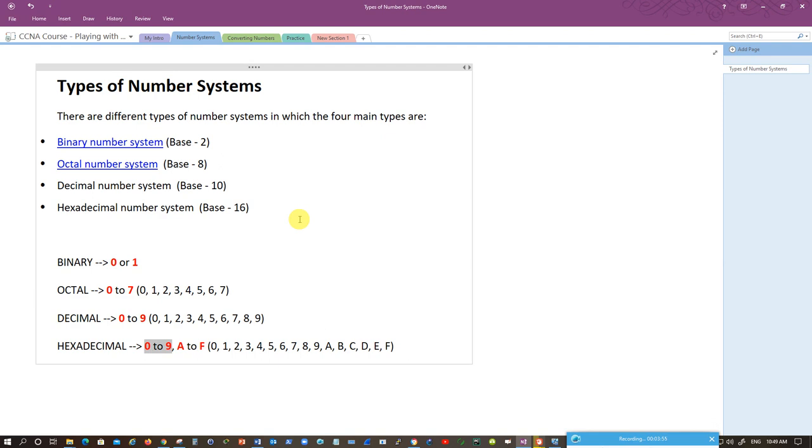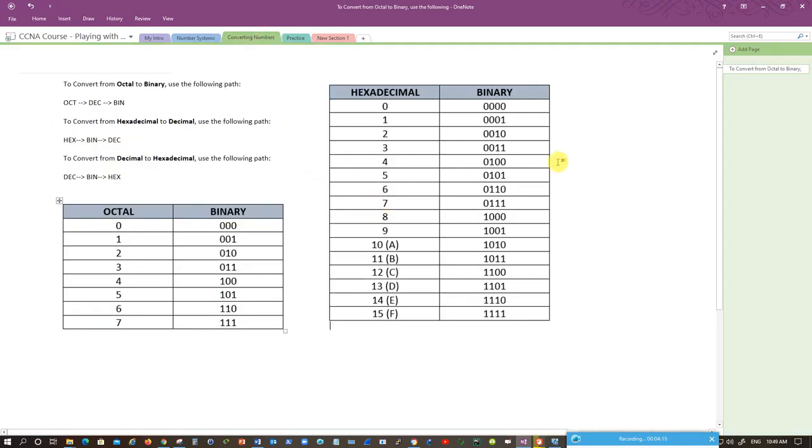If possible, I'll show you how to use calculators also if the numbers are too large, but most of the time, using the methods that I'm going to demonstrate, you are going to easily convert them on a sheet of paper or wherever you want. So let's get to understanding the conversion process.